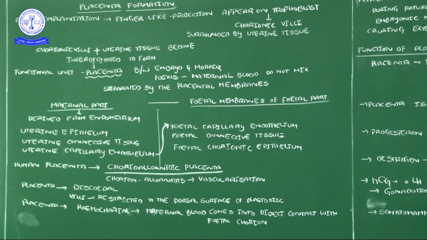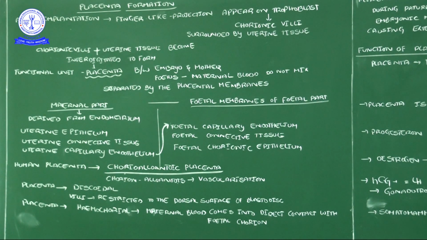What I am saying means the extra embryonic membrane of the fetal chorion has direct contact with maternal blood. Due to this character, we gave the name hemochorial to the human placenta. Hemo means blood, chorion means extra embryonic membrane.